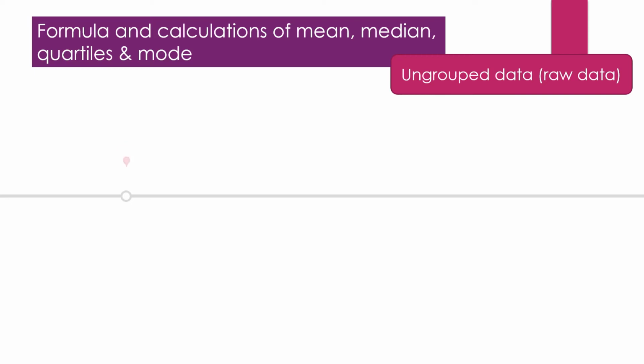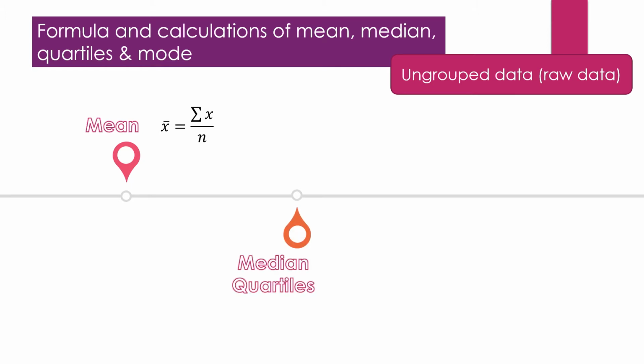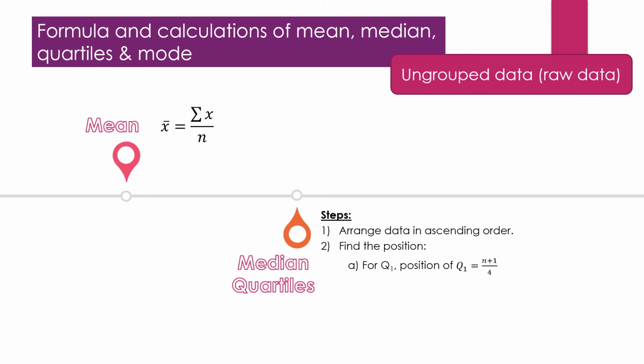For mean, we use the formula summation x divided by n, which is the total of observations divided by the number of observations. For median or quartiles, first step, arrange data in ascending order. Second, find the position. The position of the first quartile is (n plus 1) divided by 4.